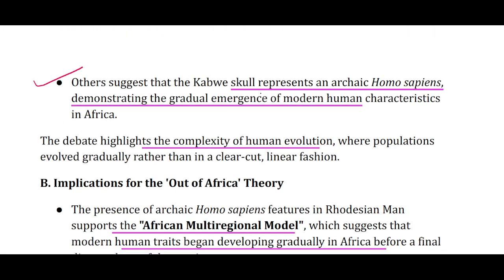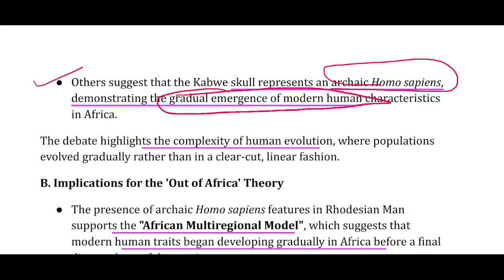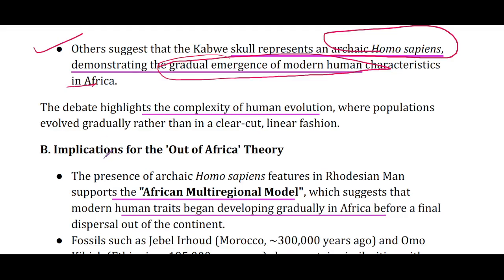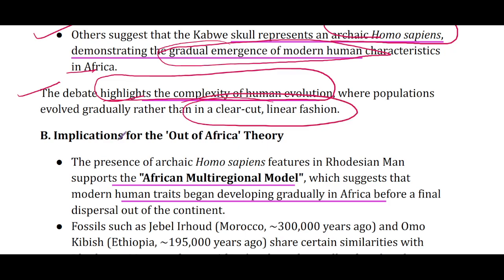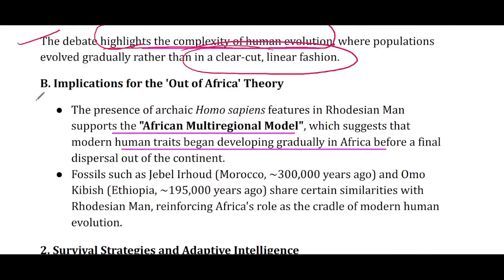But others suggest that the Kabwe skull represents an archaic Homo sapiens, demonstrating the gradual emergence of modern human characteristics in Africa. And this debate highlights the complexity of human evolution, where a clear-cut or linear phylogenetic tree is not possible.